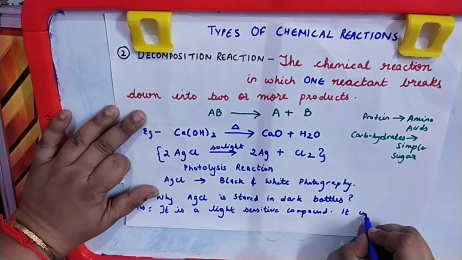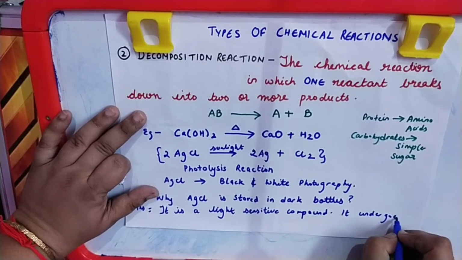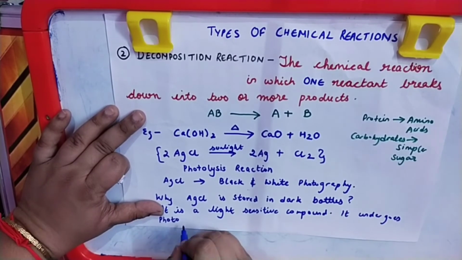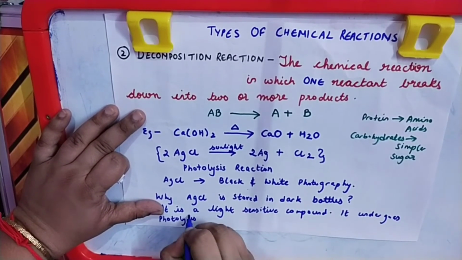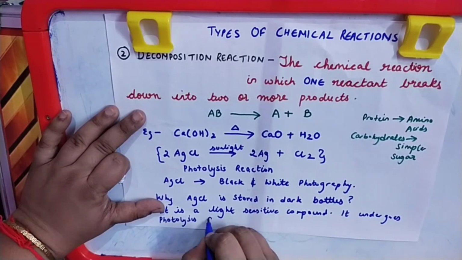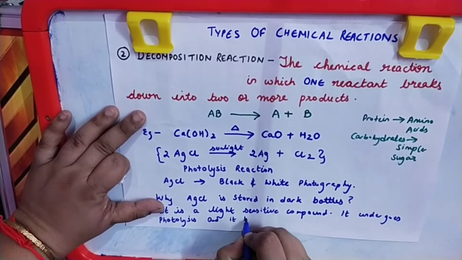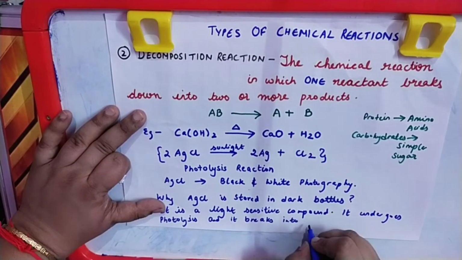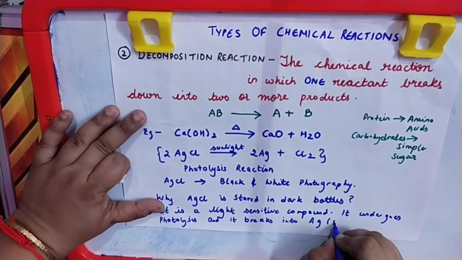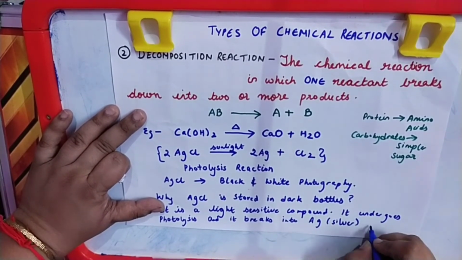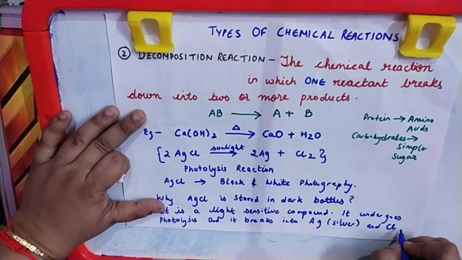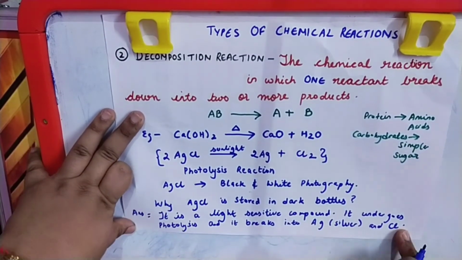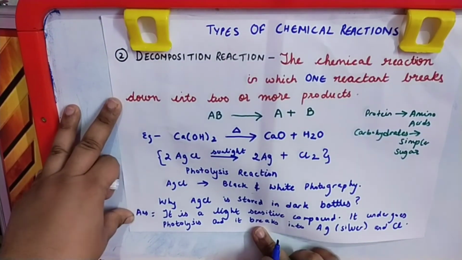It undergoes photolysis as described earlier. Photolysis is any reaction that takes place in sunlight, and it breaks into silver and chlorine. So dark bottles interrupt the light entering into the silver chloride.